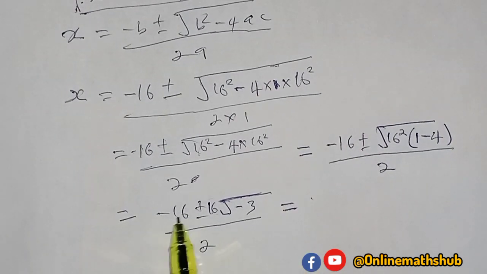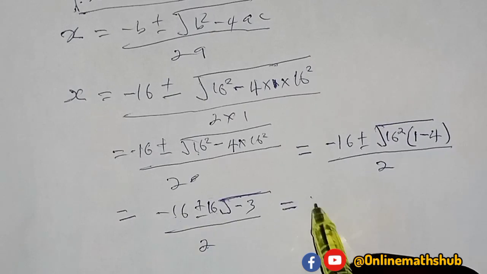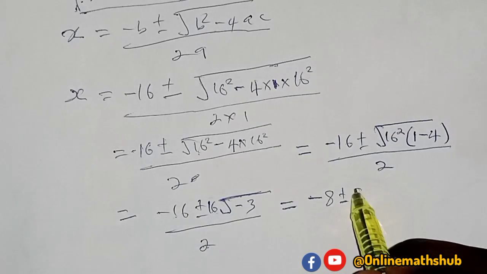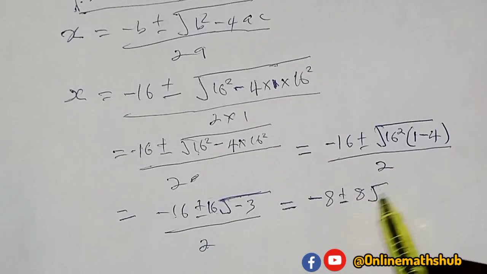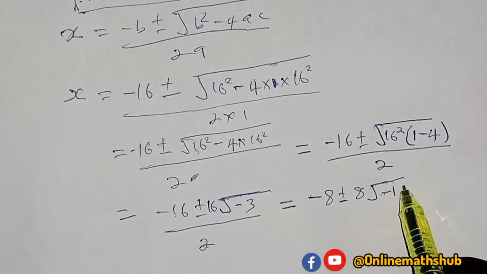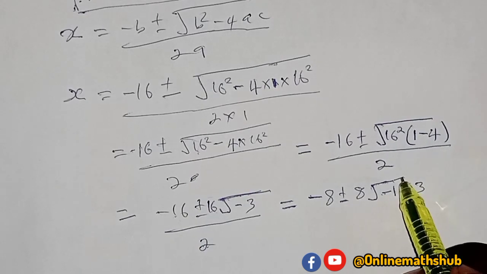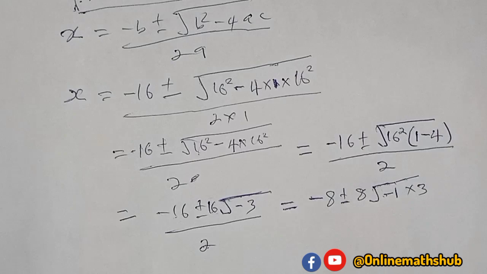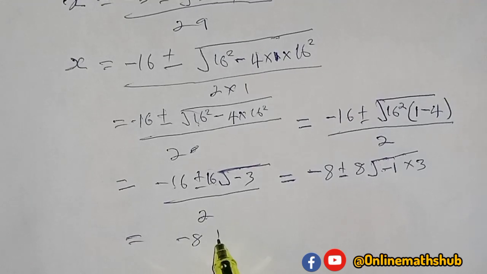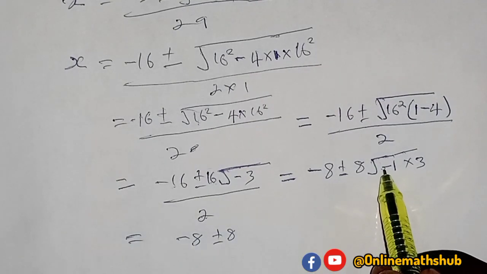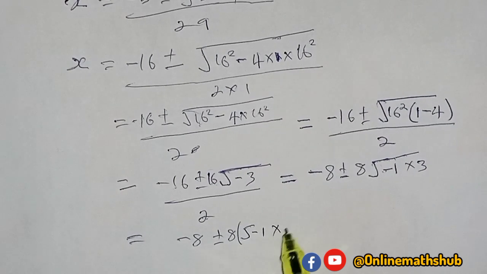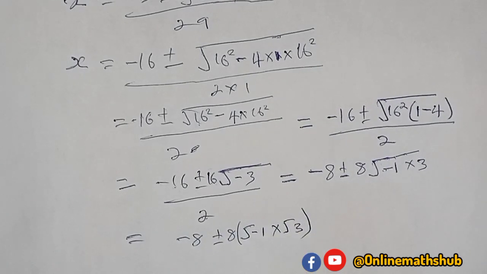I can actually use this 2 to divide this. So 16 divided by 2 gives me minus 8, plus or minus 16 divided by 2, which gives me 8, and then I have root minus 3, and I can write minus 3 as minus 1 times 3. So this is actually going to be equal to minus 8 plus or minus 8 times root minus 1 times root 3.